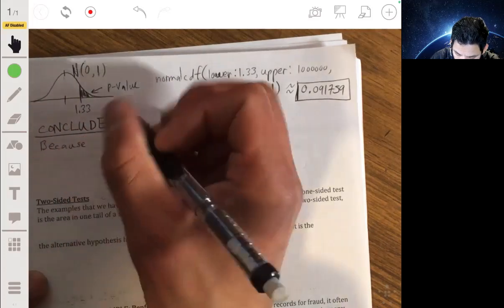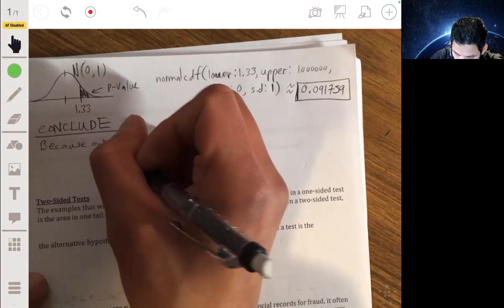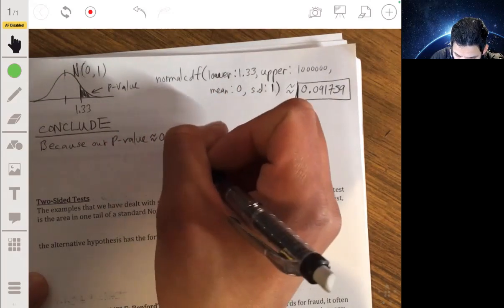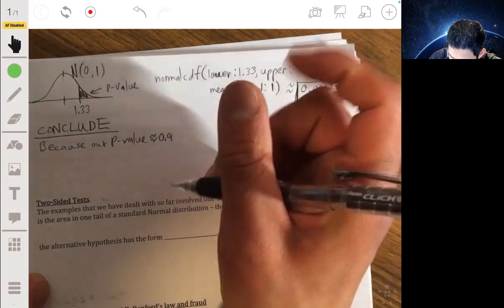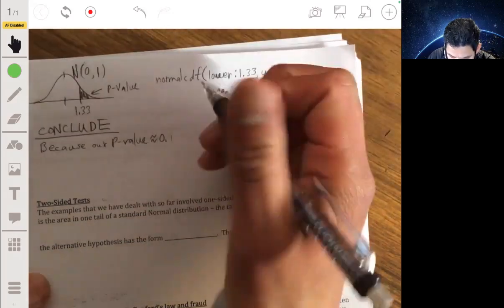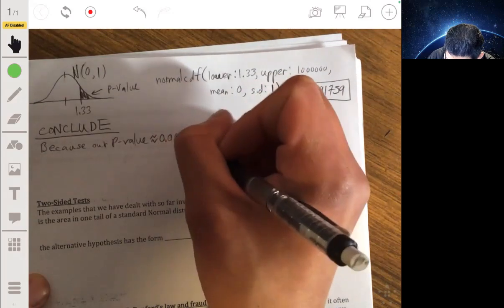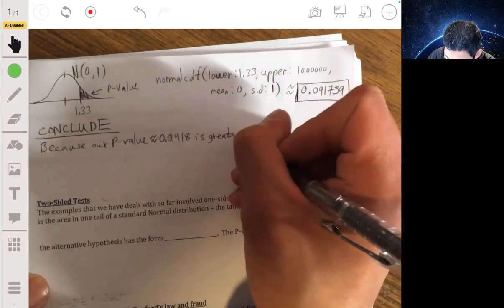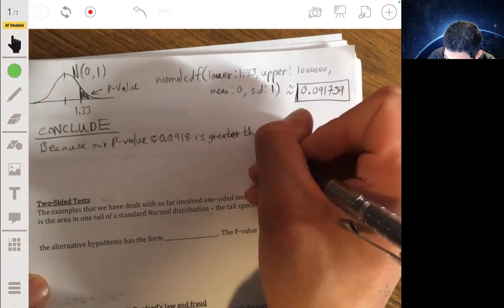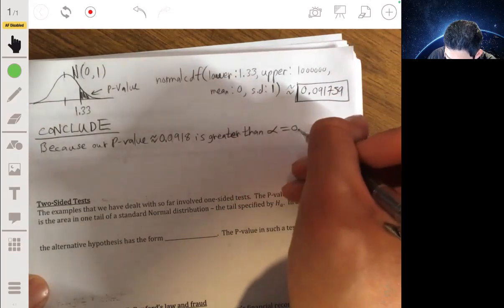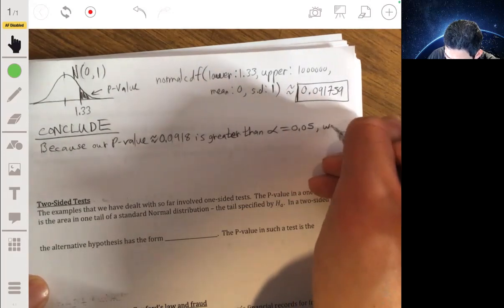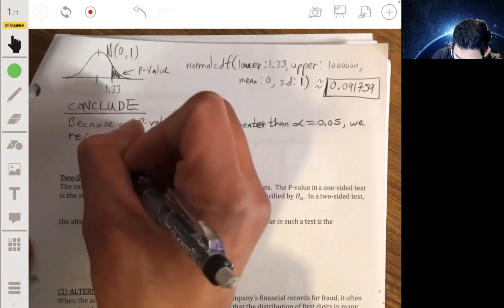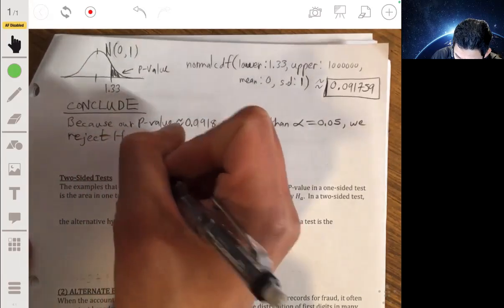So because our p-value, about 0.0918, is greater than our alpha equals 0.05, we reject H0.